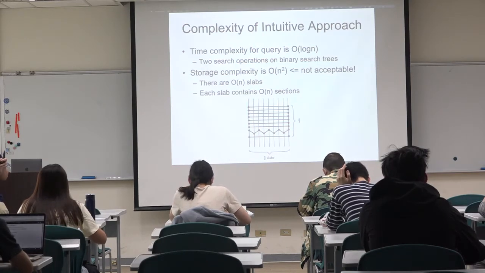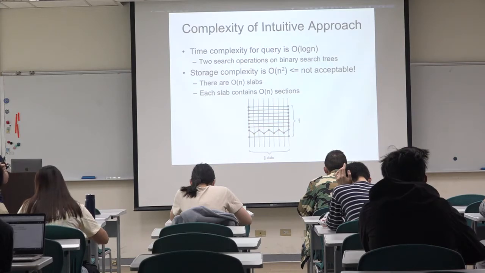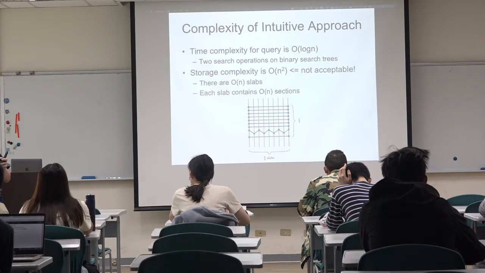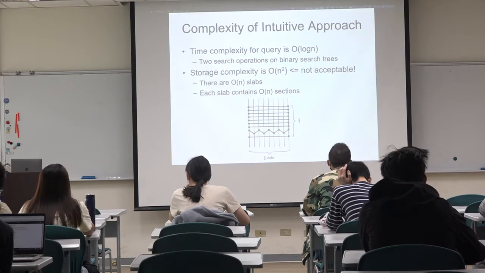But still, let me point out, when we increase the range tree storage complexity, it's not as bad as n squared. That's the first thing I want you guys to understand.